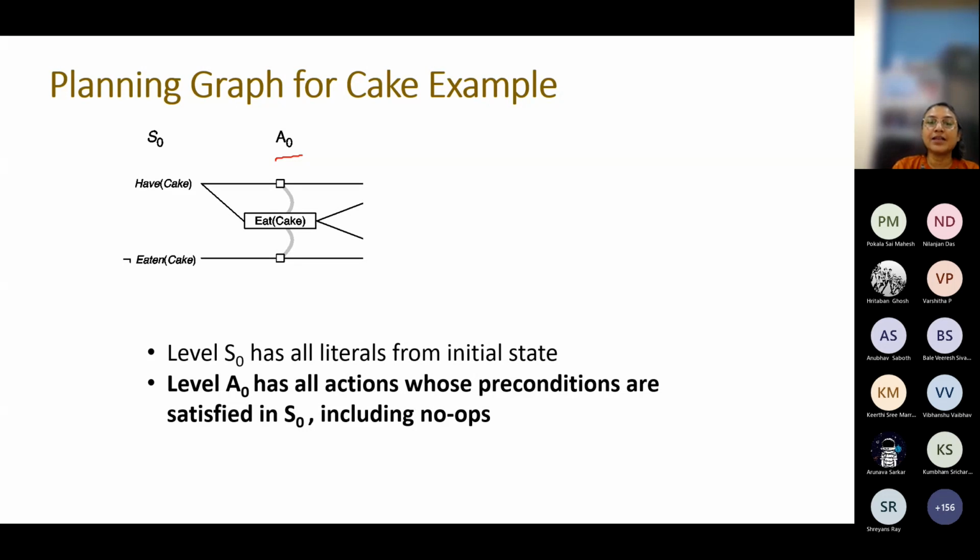So eat cake is there in A0. Level A0 has actions whose preconditions are satisfied in S0, including no-ops. So no-op of have cake, no-op of not eaten cake, and the action eat cake.